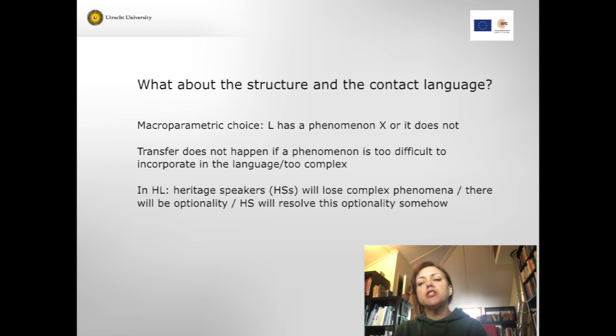In heritage language, heritage speakers will tend to lose complexity, in the sense that they will try to be as clear as possible, to select one item for one function. And when there's optionality due to incomplete input or different input or attrition, they will try to make sense somehow, and at some point they will decide, okay, we express this in this way. They try to resolve optionality.